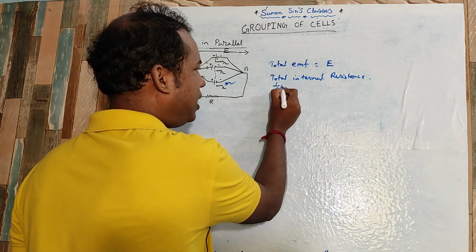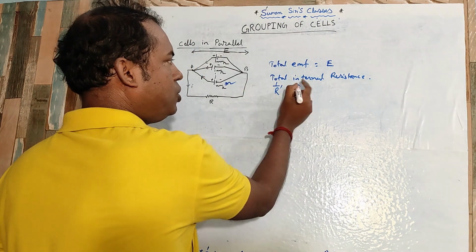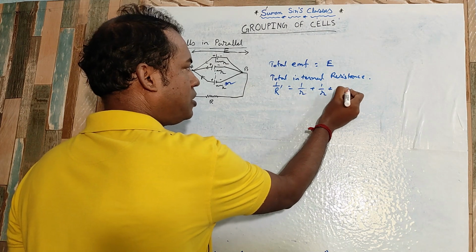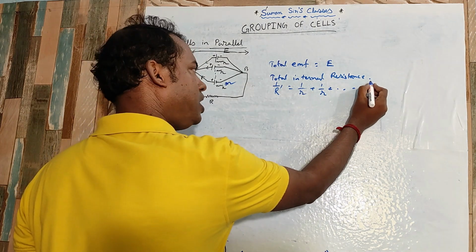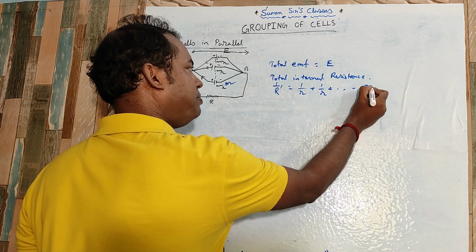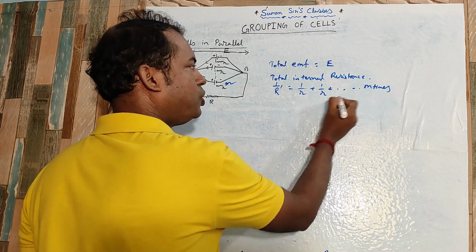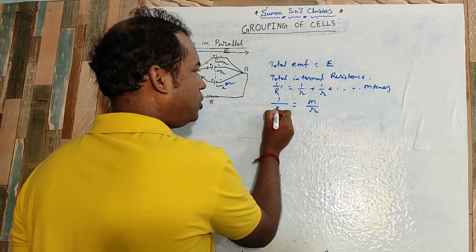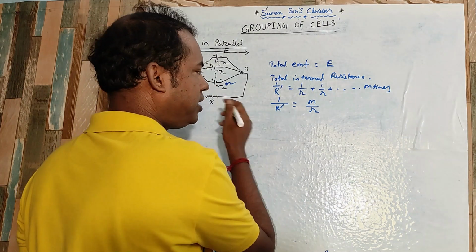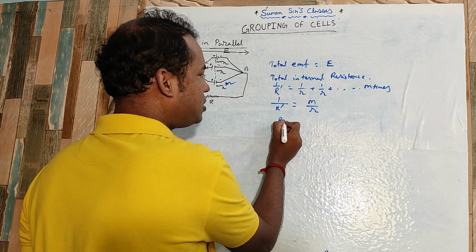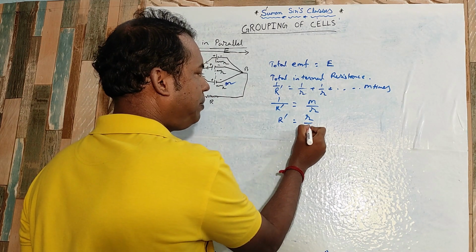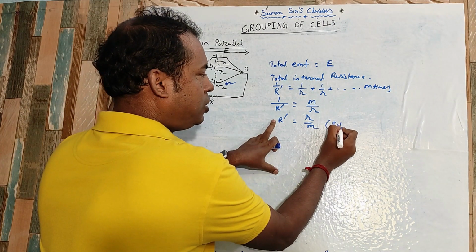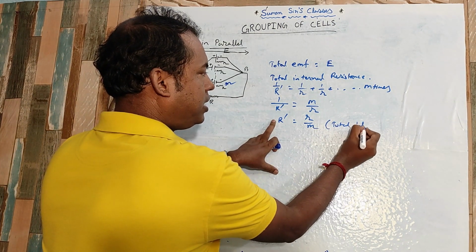So 1 by r dash, all these are connected in parallel, so we write 1 by r plus 1 by r plus up to m times, that equals m by r. So r dash equals r by m. This represents the total internal resistance.